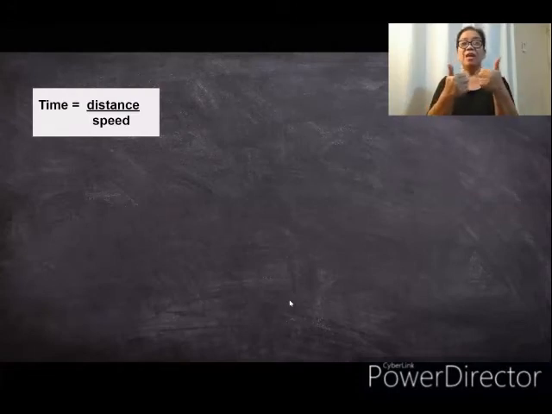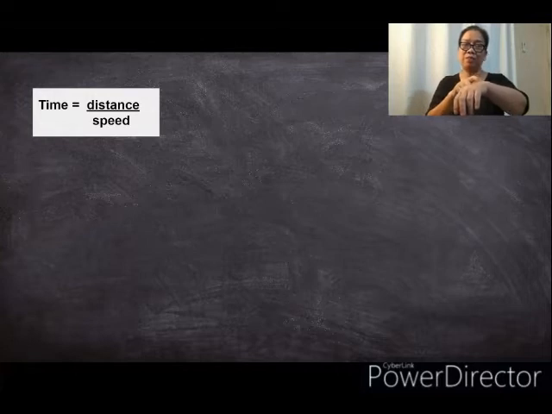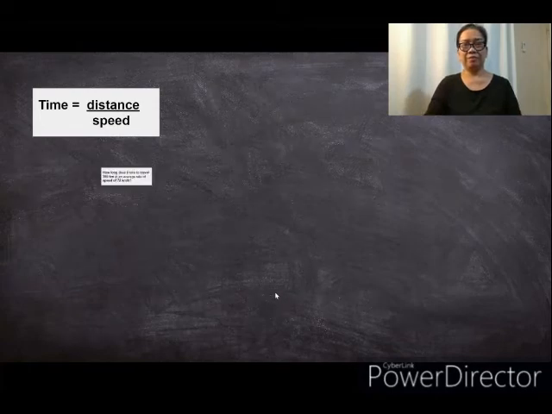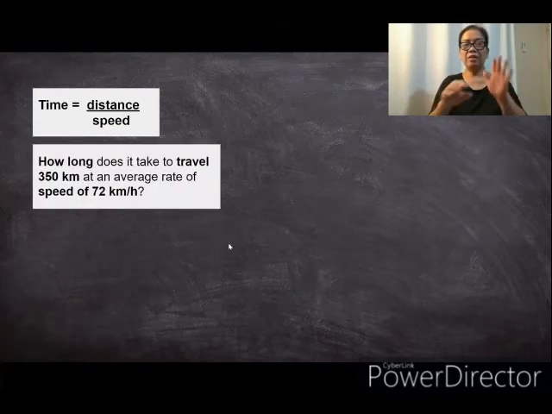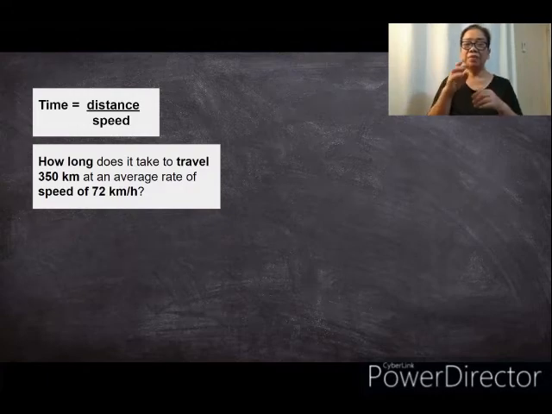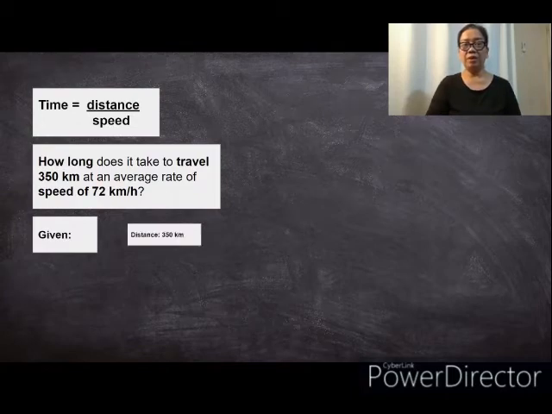Okay, you're still good? Now, we will find out the time. In finding the time, we have to again divide distance and speed. Example here is, how long does it take to travel 350 kilometers at an average speed of 72 kilometers per hour? Now, again, you have to look at what is given.